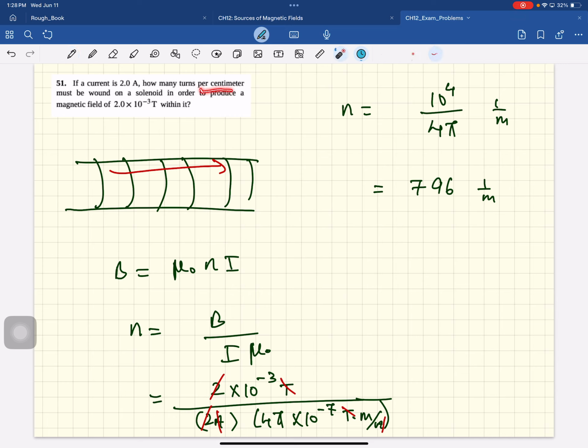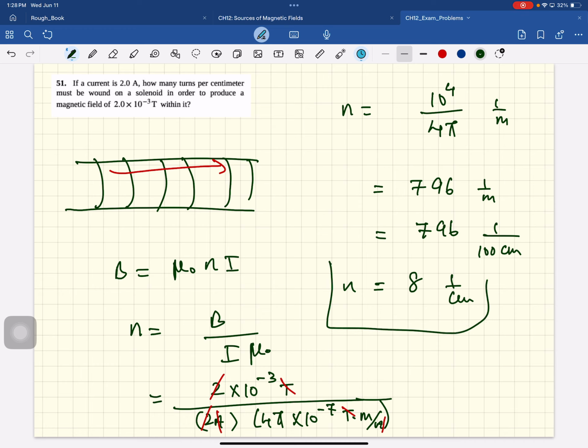Okay, and they want it per centimeter, and 1 meter is 100 centimeters. C is 10 to the minus 2, that gets killed by that. So it's 8 turns per centimeter, 7.96.